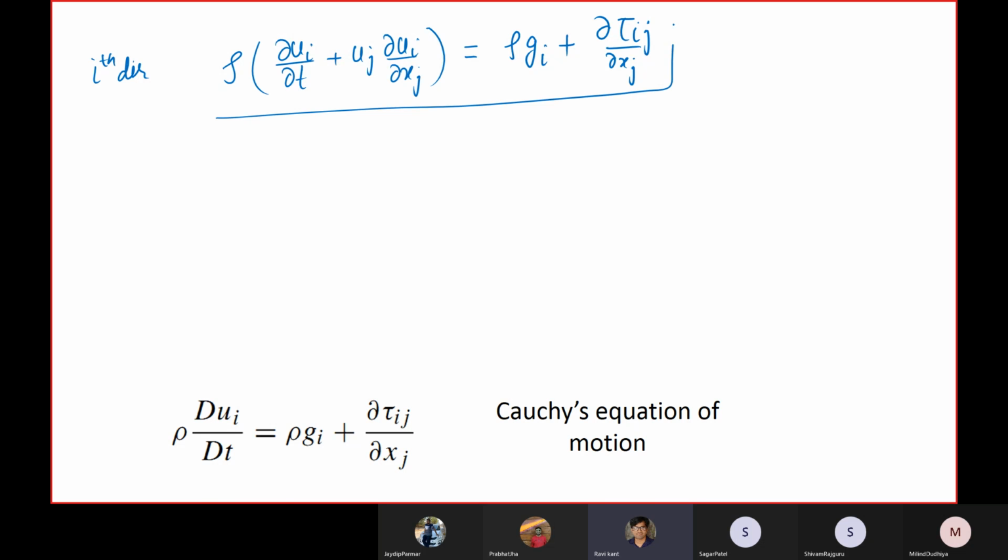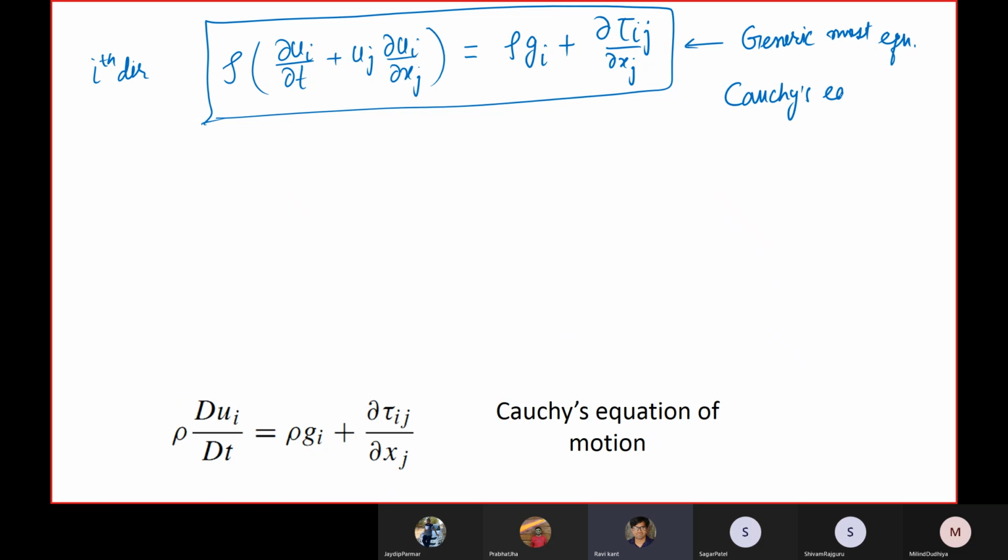So this is the most beautiful equation that you would expect in fluid mechanics, and this is your starting step towards all fluid mechanics problems. This is the most generic equation, also known as Cauchy's equation of motion. Why am I telling you it is most generic?